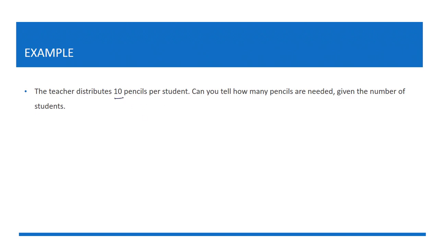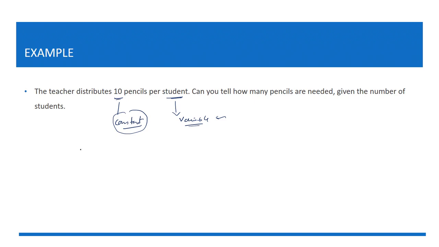This 10 is going to be a constant, correct? 10 is constant, and the number of students is going to be the variable. This is going to change continuously, and this is not going to change at all. This is called a constant and the number of students is called a variable.